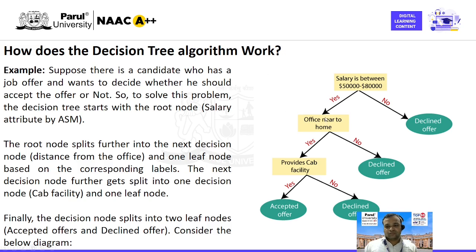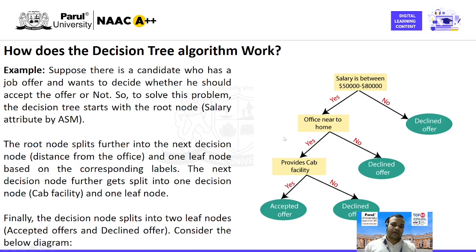So again we check the distance from the office. If it is near his home, it might be possible he will join and accept the offer. Otherwise, if it is far from home, he will decline that offer.